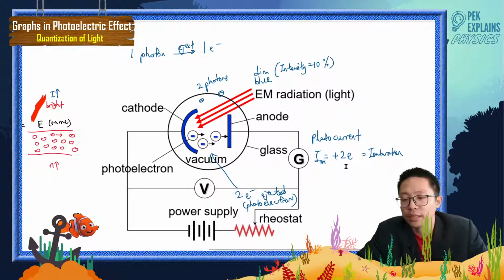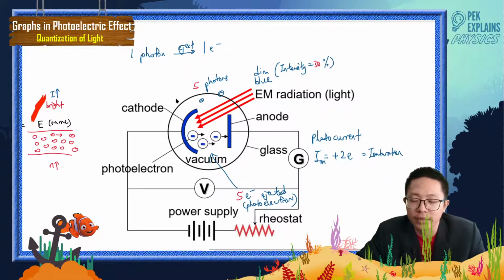If your intensity is, let's say, 30%, maybe there are 5 photons coming. So how many electrons will be ejected? If you got 5 photons coming, means 5 electrons ejected. Then the saturation current will also be more, positive 5 electrons.